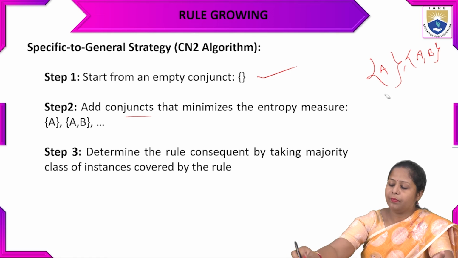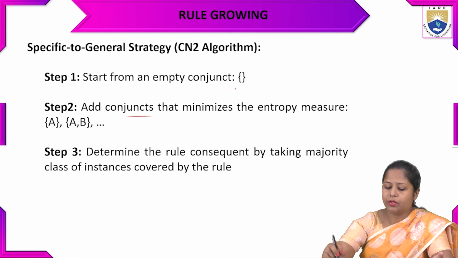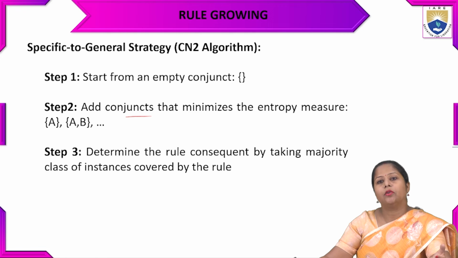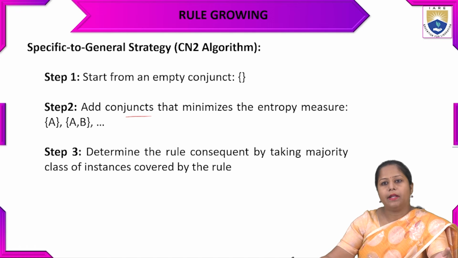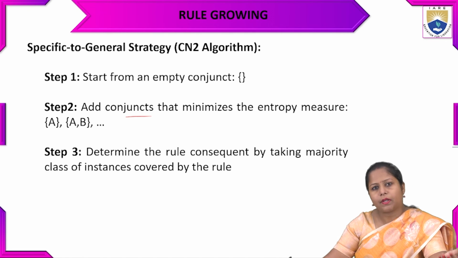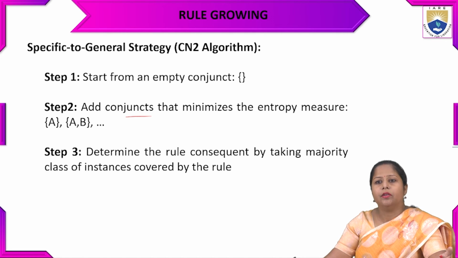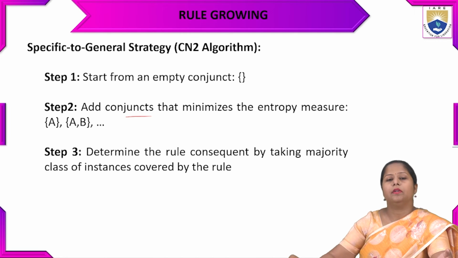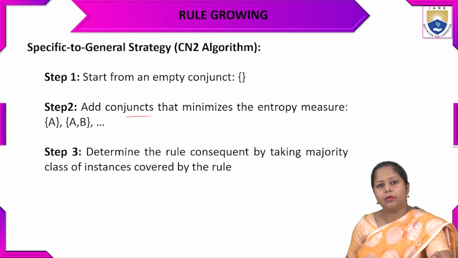In the third step, the classifier is going to determine the rule consequent, the right-hand side of the rule, by taking the priority class of the instances covered by the rule. So these are the three steps for the CN2 algorithm.